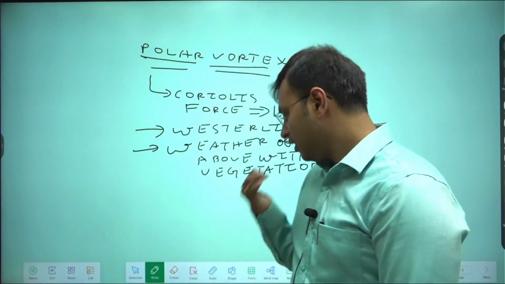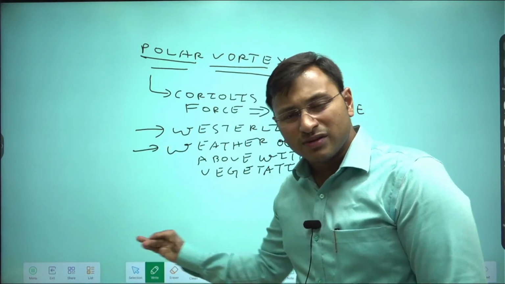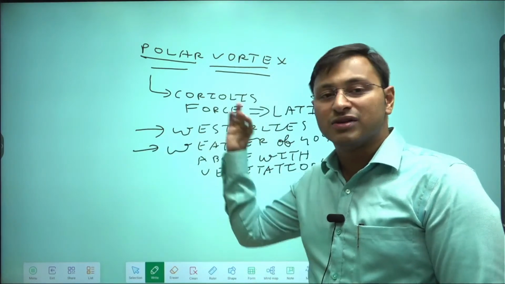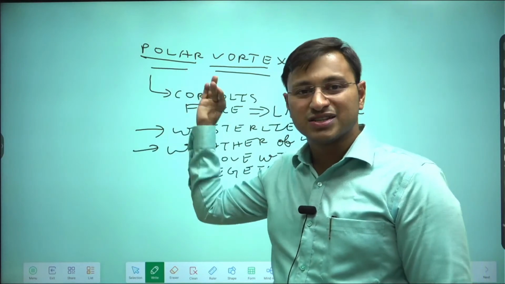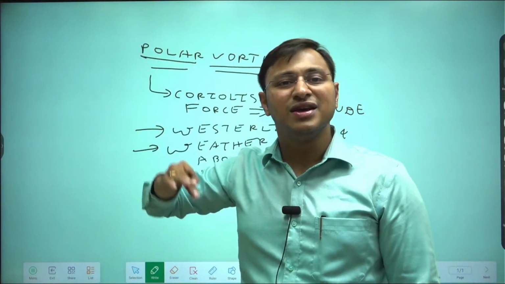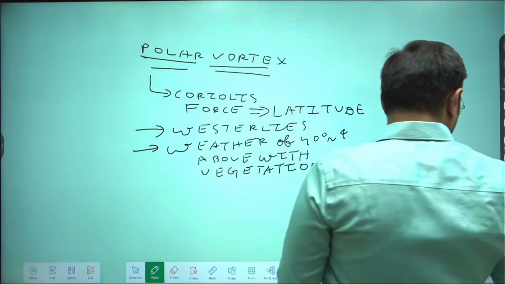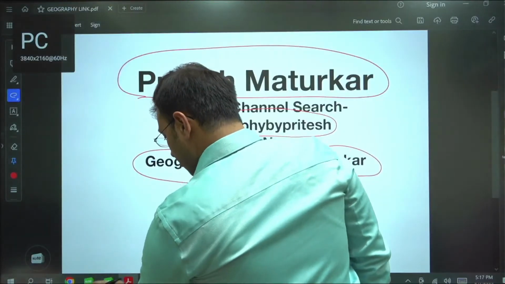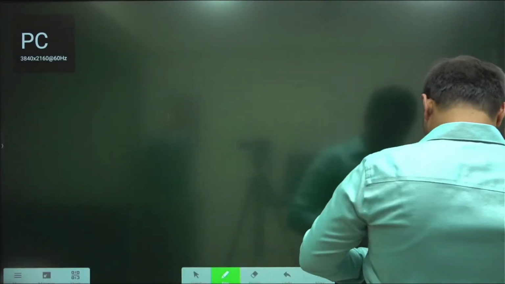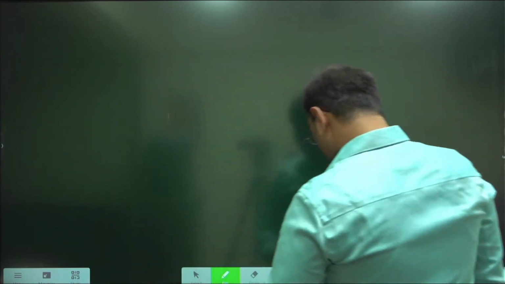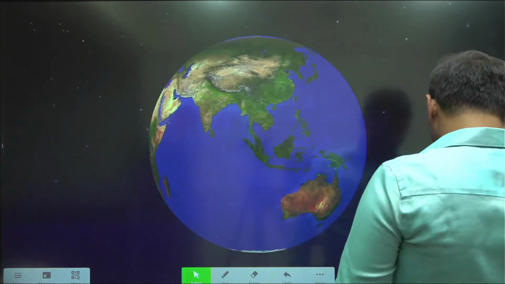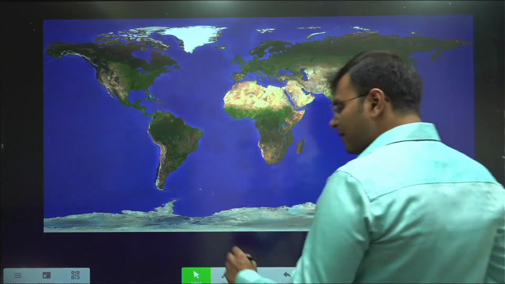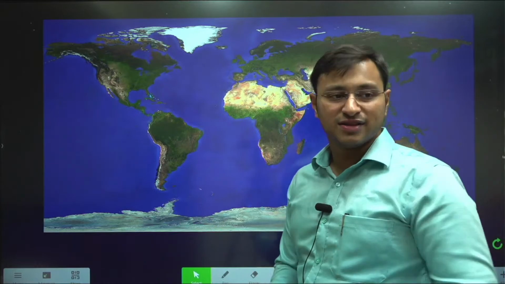Now let me open up the world map for you. We will now be discussing the temperate areas' vegetation, and the vegetation between 60 to 65 degrees north and above. First I will be using a 2D map, and then we'll migrate towards a 3D map.